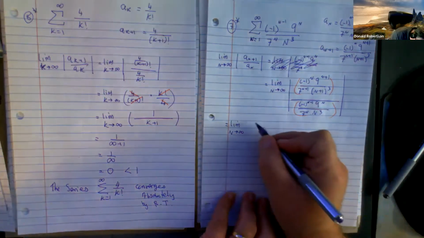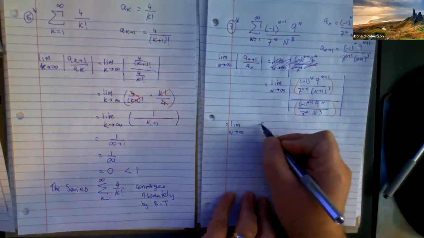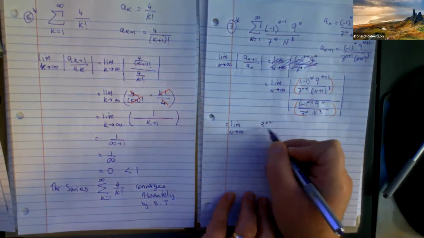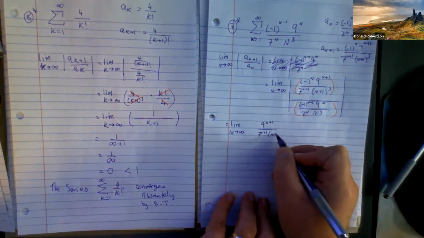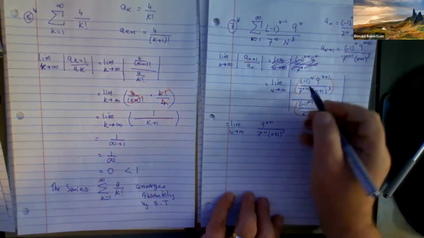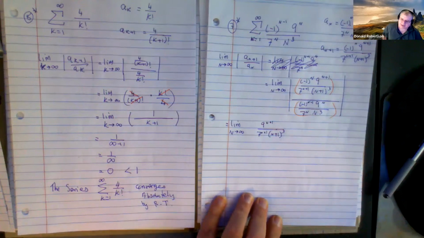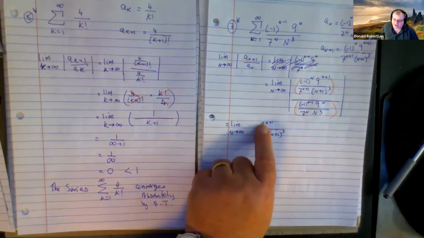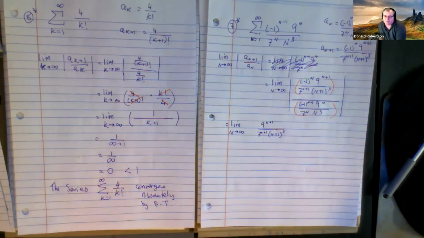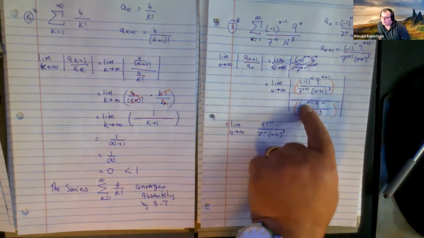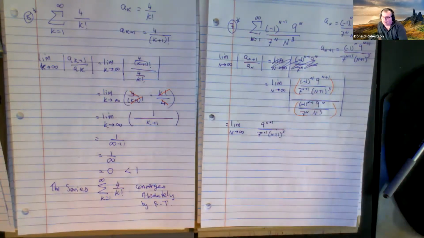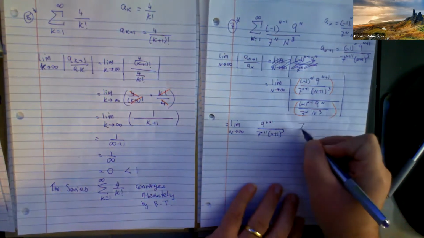For that reason, I am removing the absolute values and just turning this guy into that slightly nicer looking format. Because the absolute value of -1 to the n is 1, and 1 times 9 to the n plus 1 is 9 to the n plus 1. So if you're doing a ratio test and there's -1s to the powers everywhere, can you basically rub them out and it doesn't affect anything, because they become 1. Now you turn the other guy upside down.